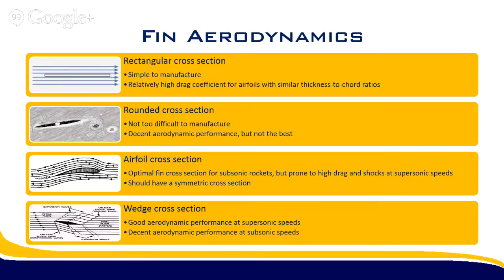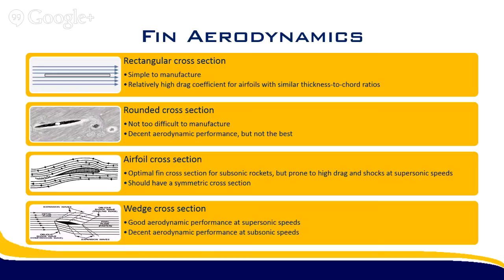That's a topic for a whole other meeting, though. One thing you do have to be careful with airfoil cross sections is that they're symmetric. If there's any asymmetry in that cross section, you start generating lift with the fin, which can cause something as innocent as spin, or as dangerous as causing the whole rocket to start pitching.